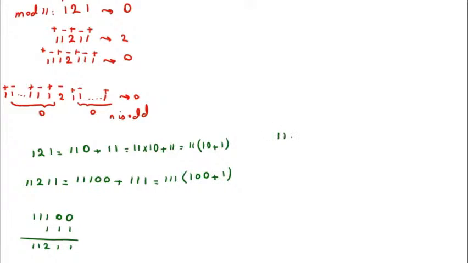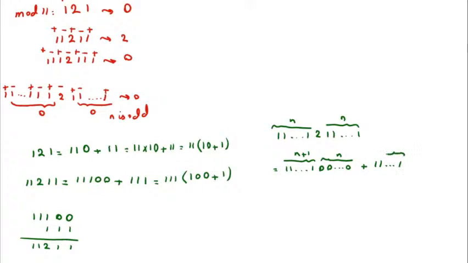And for n, when we have n ones, 2n ones, you can say it is equal to n plus 1 ones and how many zeros? n zeros plus n plus 1 ones to create that. And here it will be n plus 1 ones times 10 to the n plus 1. And it is a composite number, it's not prime.